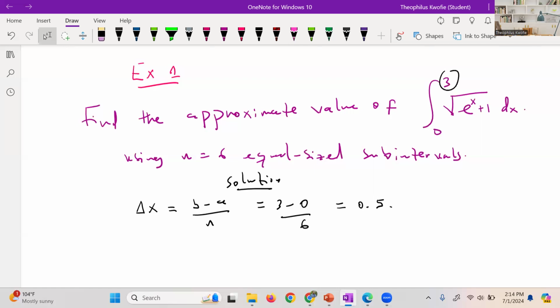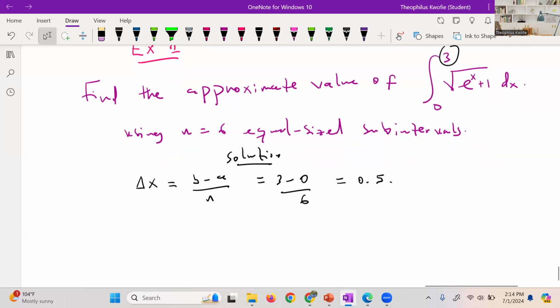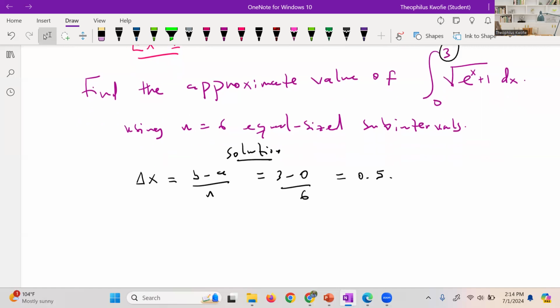On that note, we are going to look at the left endpoint of the interval. So we would find the left endpoint first. So let's find the left endpoint.